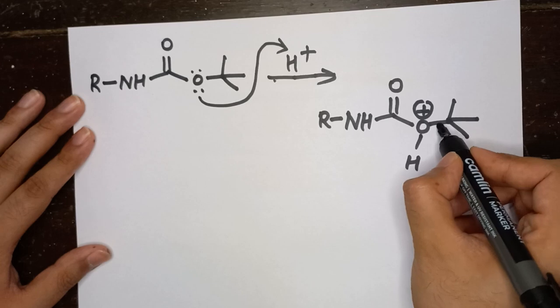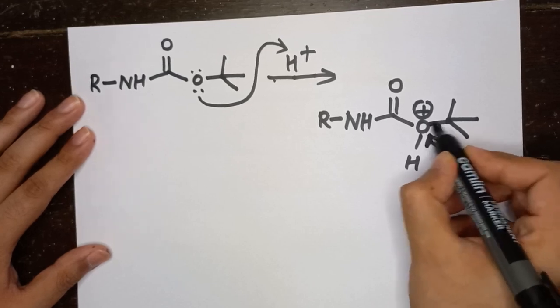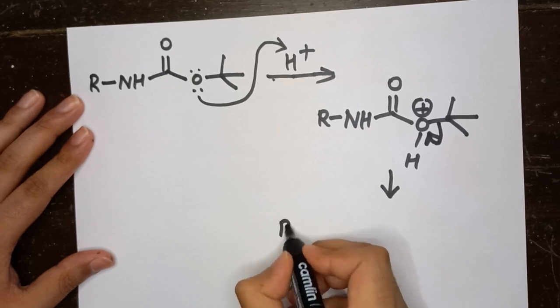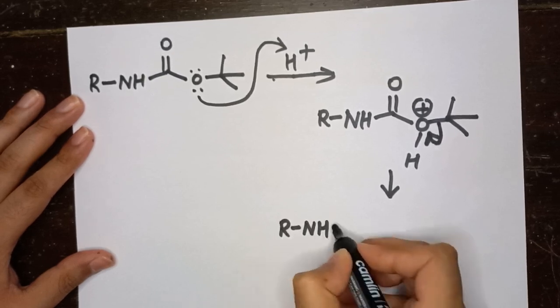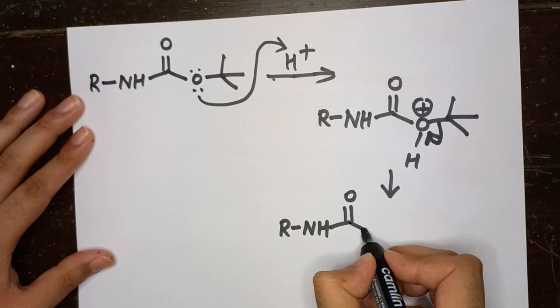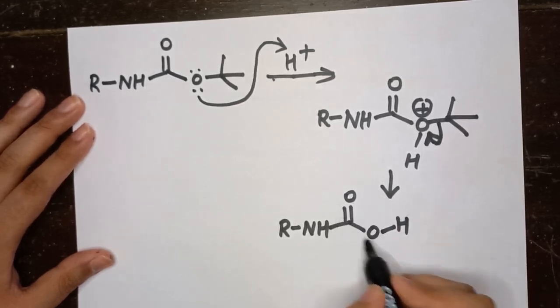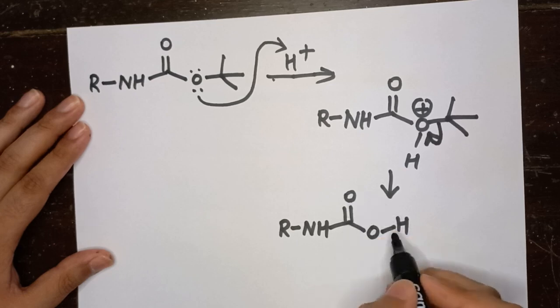Now this bond is going to break. Both electrons will be taken by oxygen, and you will be able to generate carbamic acid. Now you have converted the carbamate into an acid group.